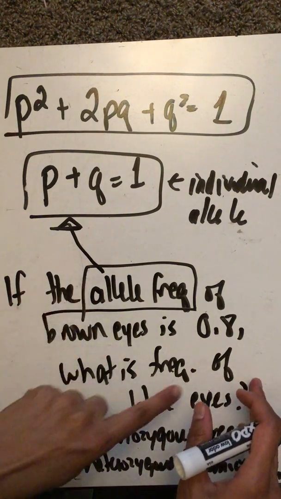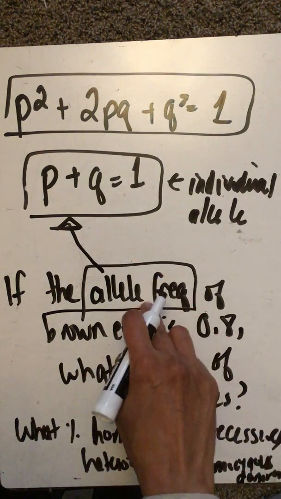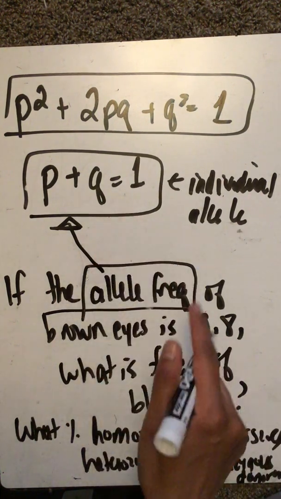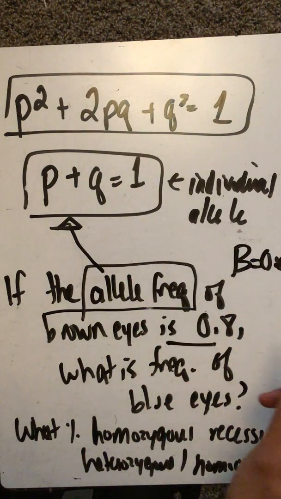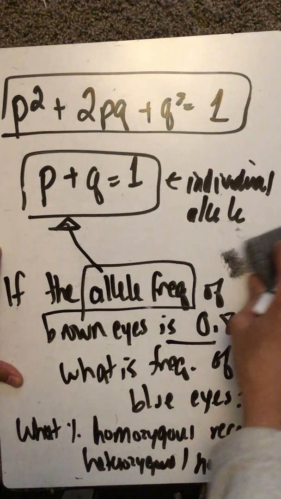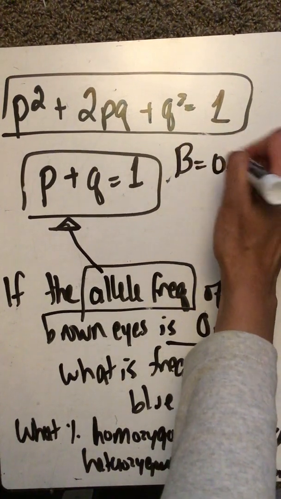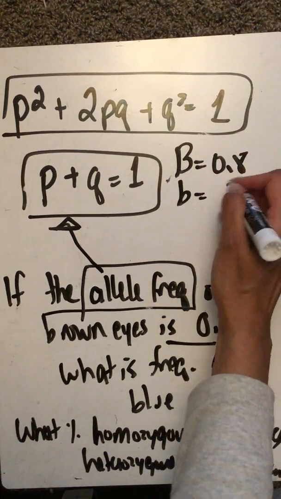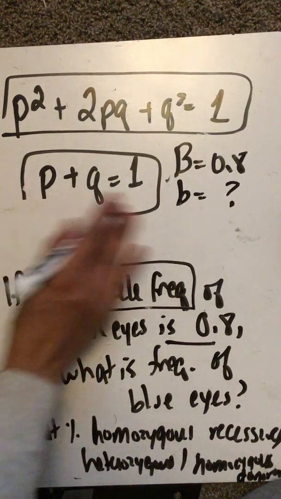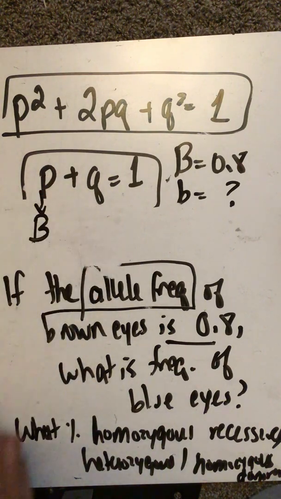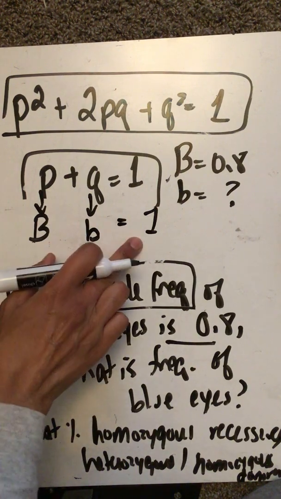They're saying if the allele frequency of brown eyes is 0.8, what is the frequency of blue eyes? Because they're asking for allele frequency in particular, I use this equation. I know brown eyes is big B, which is 0.8. P represents the big B allele, and q represents the little b allele, and together big B plus little b should equal 1.